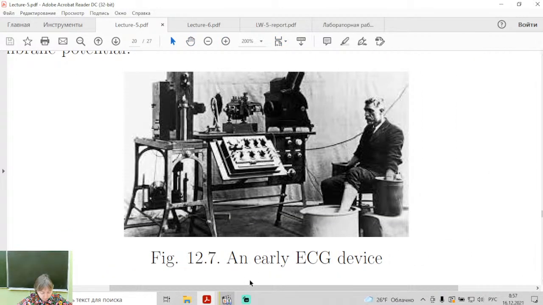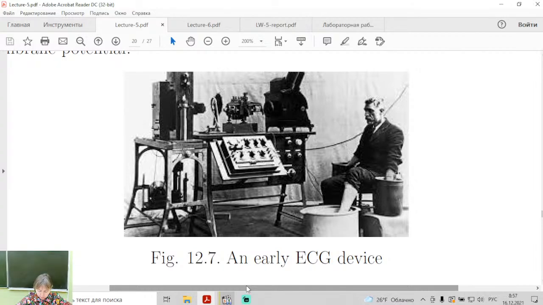You can see William Einthoven was a Dutch physiologist who pioneered the ECG and won the Nobel Prize in Medicine in 1924 for this work.